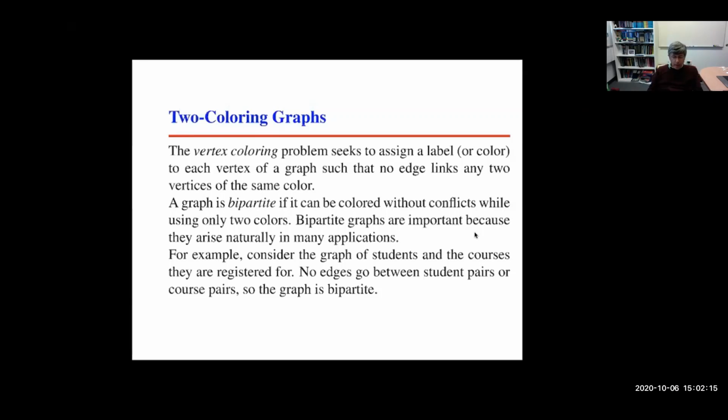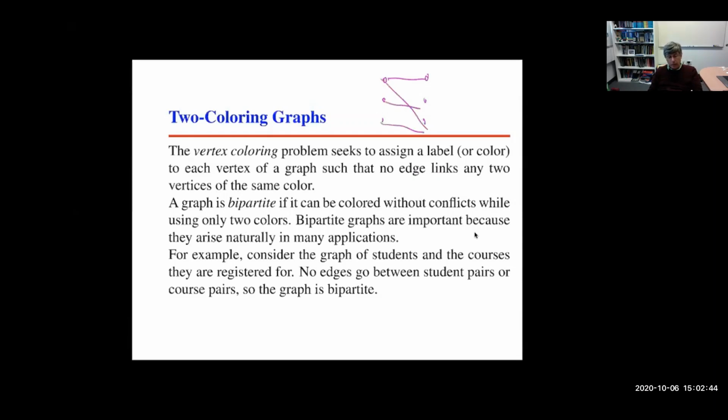A classic example of breadth first search in action is two coloring a graph. We say that a graph is bipartite if the vertices can be partitioned into two colors such that all edges cross from one color to the other side.